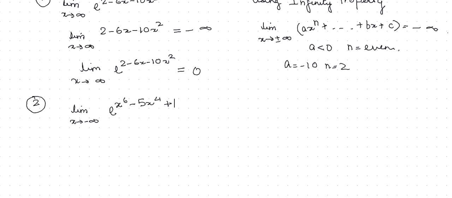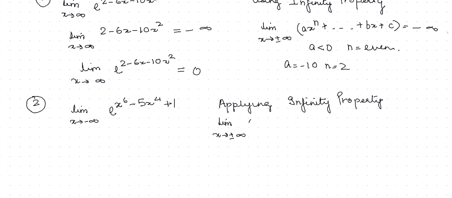In this case, applying the infinity property, limit x tends to plus or minus infinity of ax^n plus bx plus c gives infinity if a is greater than 0.